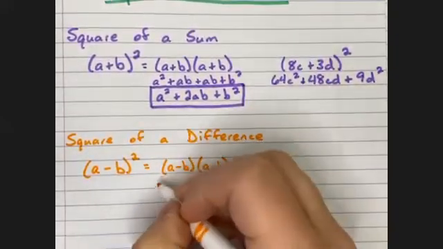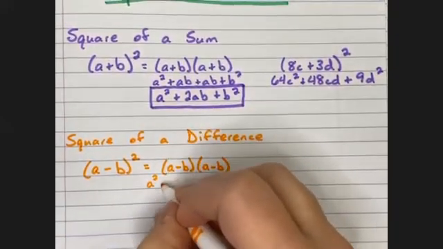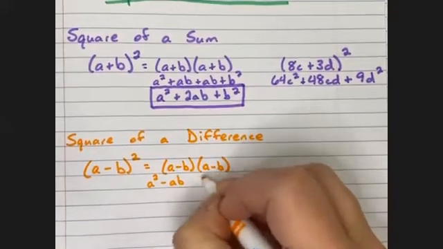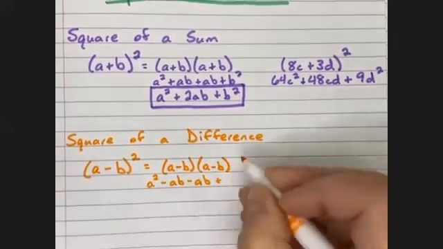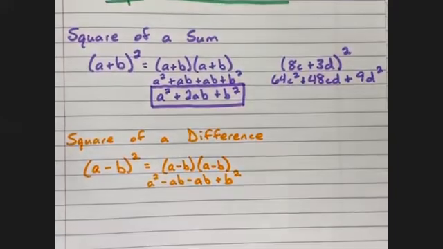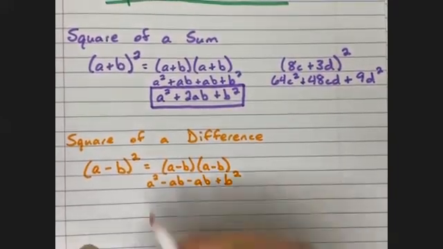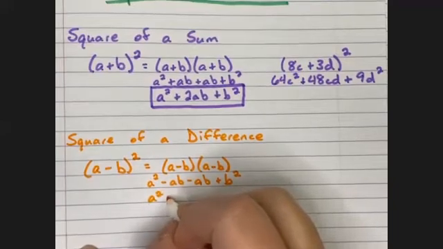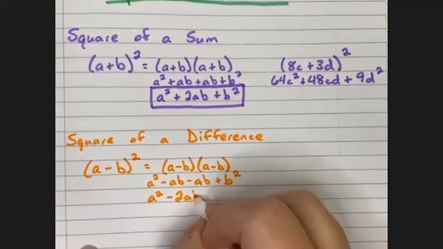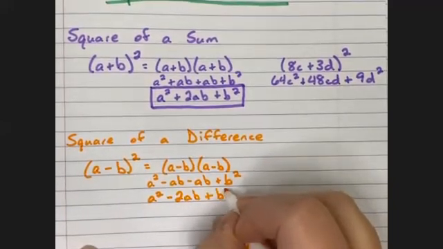Now I'm going to FOIL it. So I end up with a squared minus ab minus ab plus, because it's a negative times a negative, b squared. So this pattern, when I combine my 2 middle terms, is a squared minus 2ab plus b squared.